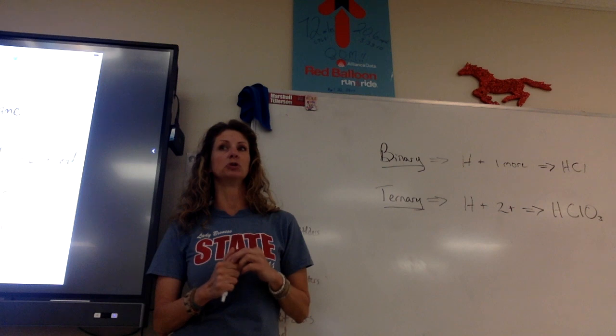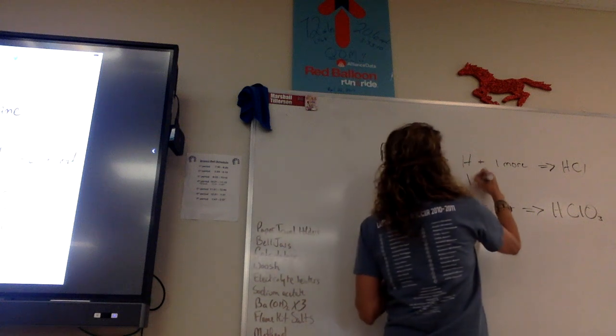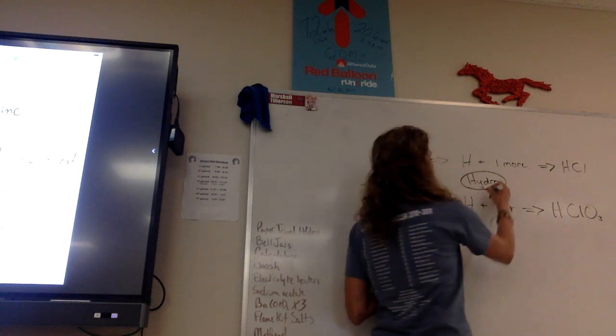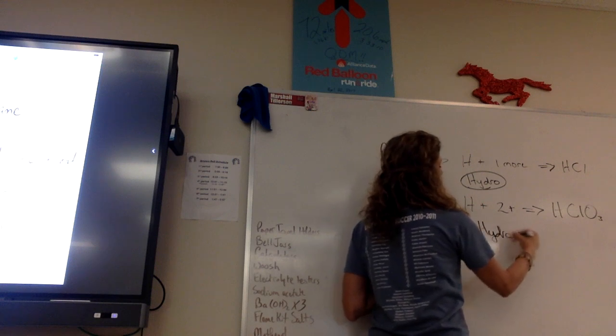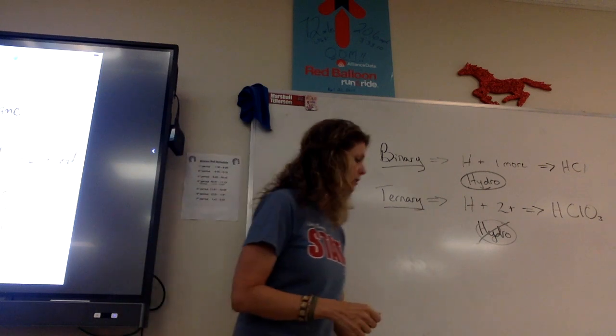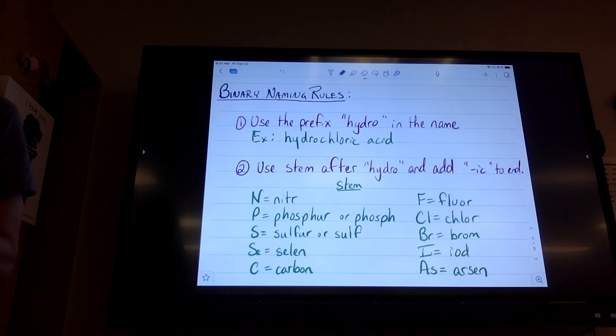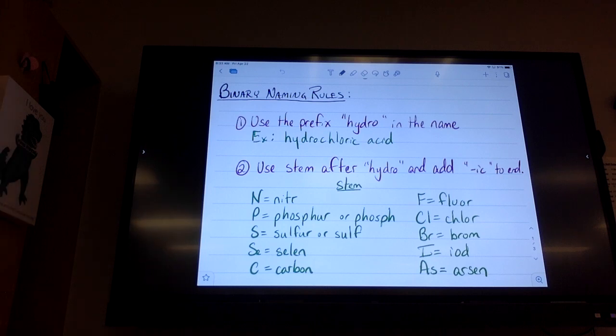All right, and then the sub told you which one of these gets hydro? Binary. So this one gets hydro, this one does not get hydro. If you have a binary one, it is always going to follow this pattern: hydro, something, ic acid.